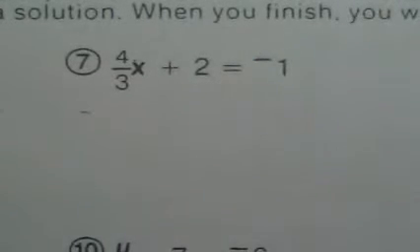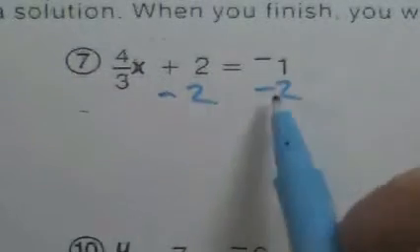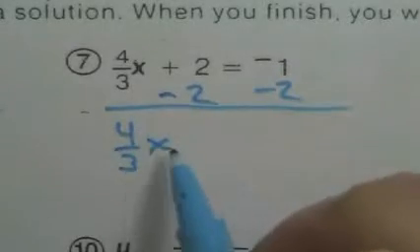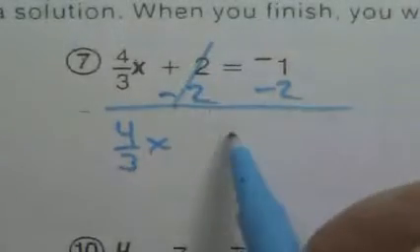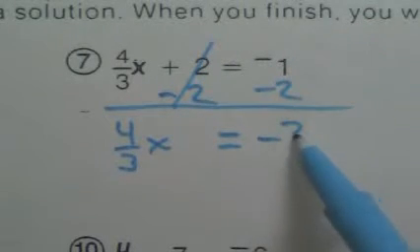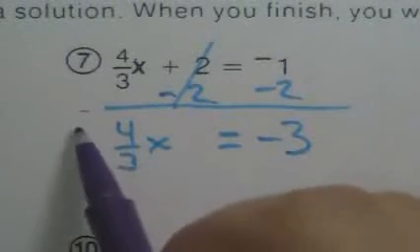Okay, number 7. To get rid of the constant, I subtract 2. 4/3 x. That's gone. Equals -1 and -2 is -3. They're the same sign, so you add them up. Okay, next I want to get rid of this fraction.